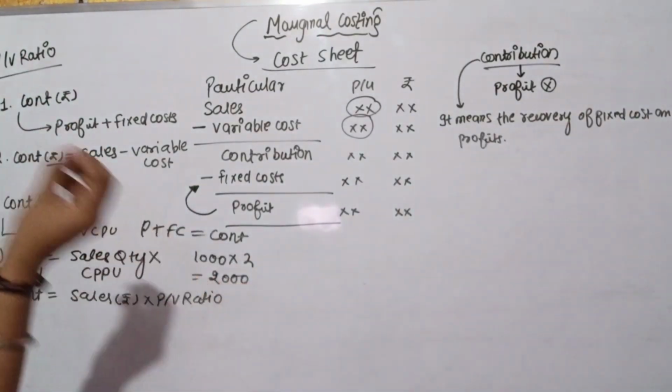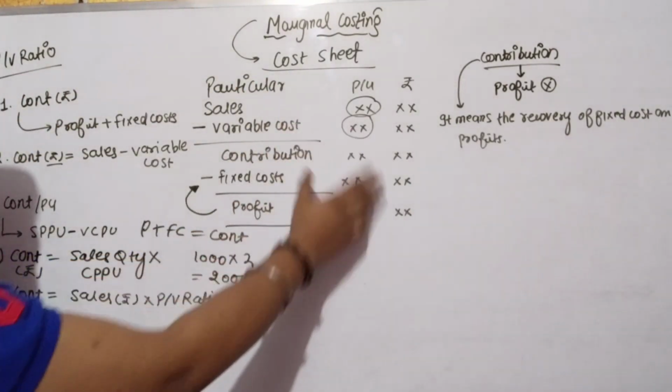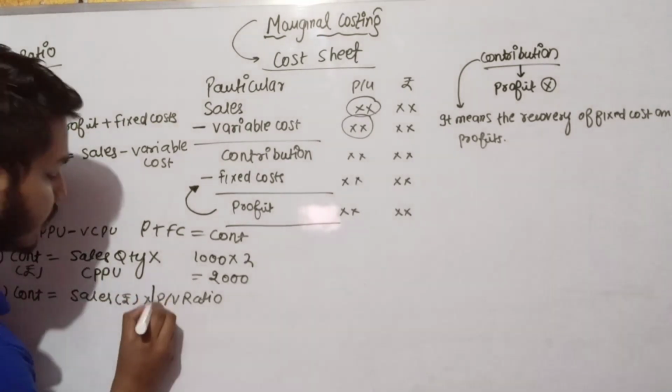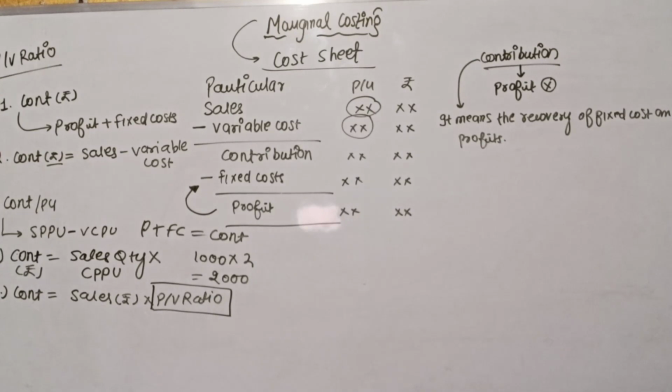So ultimately you just have to remember this cost sheet, and from it you will be able to make such formulas very easily. We have made five formulas here for contribution. Now this formula leads us to PV ratio, or leaves us in confusion about what PV ratio is and how it is connected with contribution.